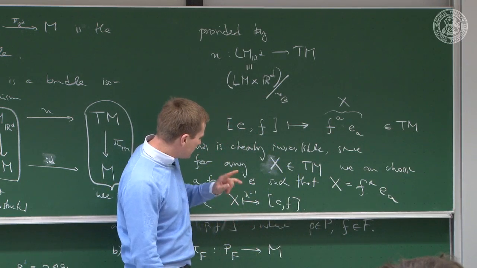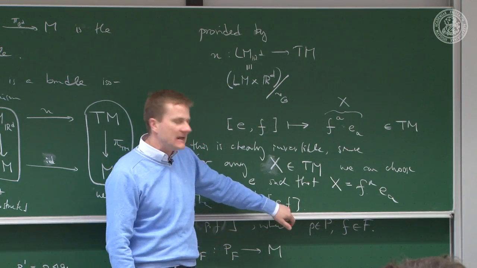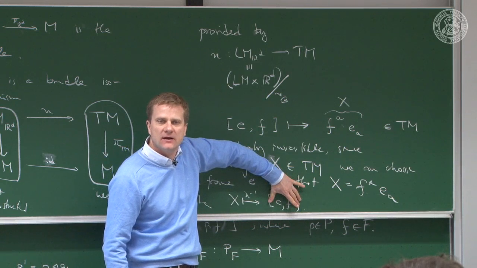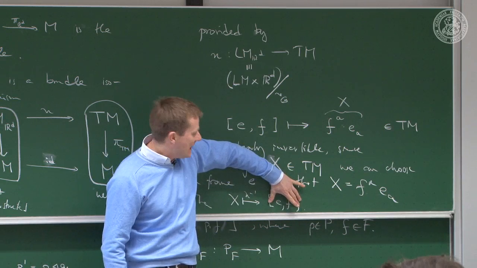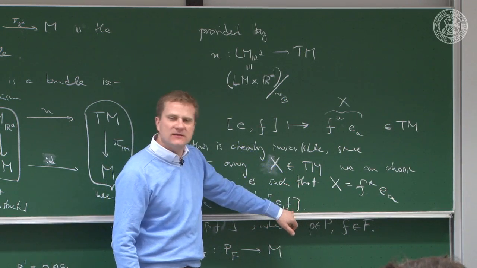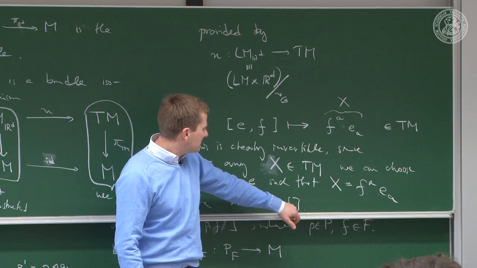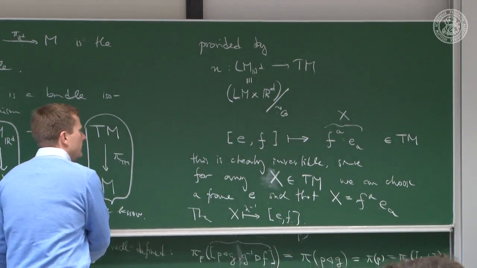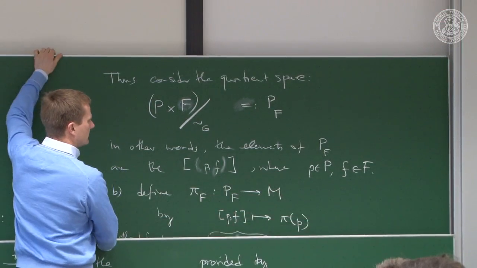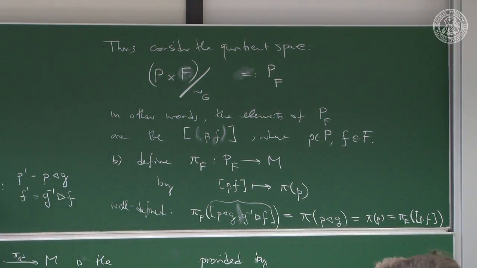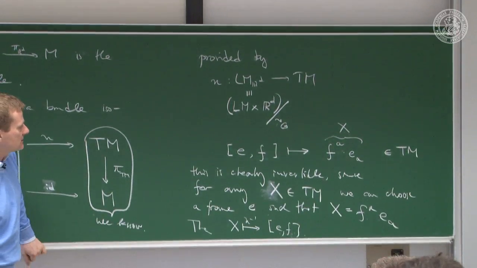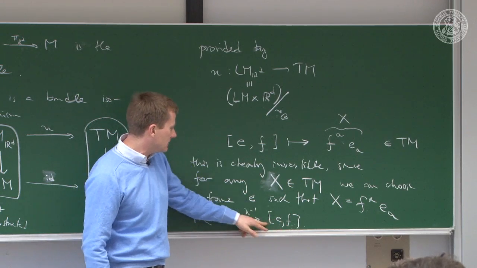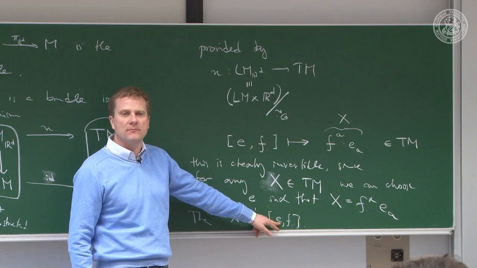So if I associate with x the pair E, F, not the equivalence class, this would depend on my choice of frame. However, I associated with it the equivalence class of the pair E, F, and this definition of the equivalence class by virtue of this equivalence relation, I think it's still here on the blackboard, exactly provides for all the other choices you could have made and identifies all these choices. That means the result is independent of the choice of frame.